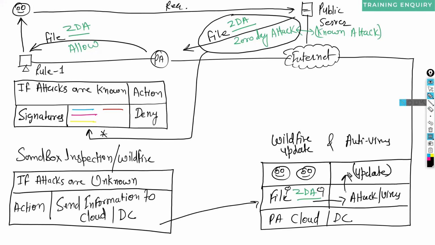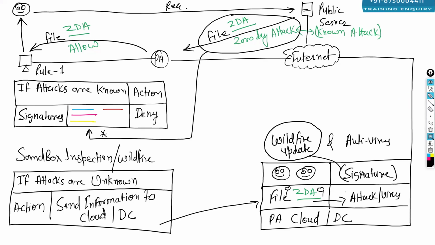So they will generate an update, or we can say a signature, of that attack to identify it and to protect against it. So one update will be called the WildFire update, and another will be called the antivirus update.